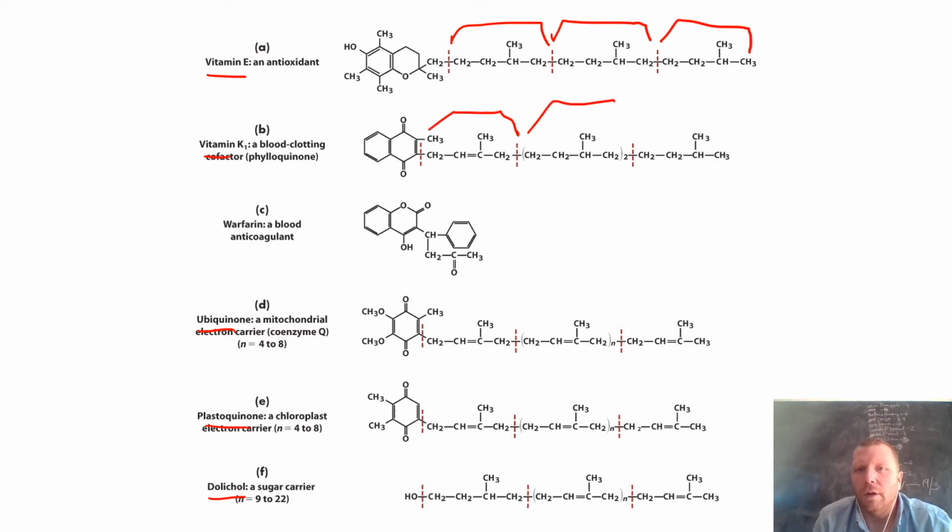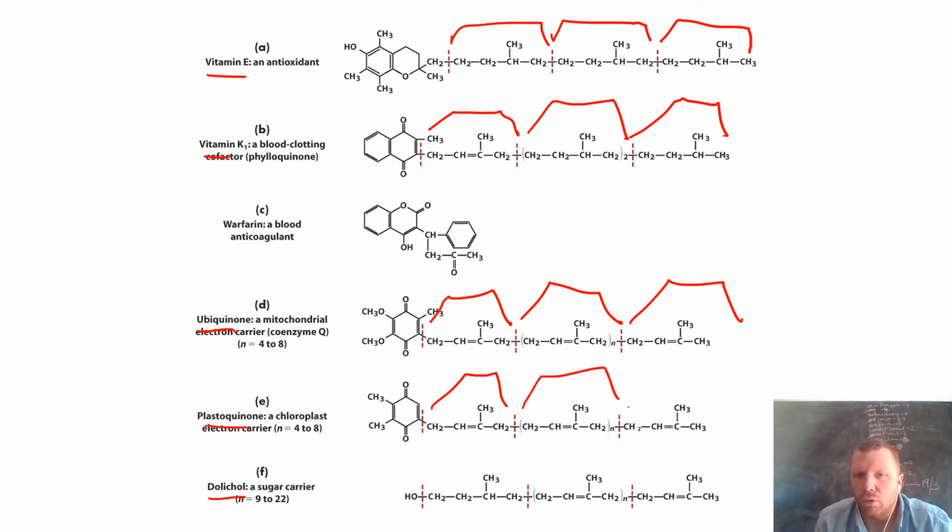So, I'm just going to go ahead and mark those off. What these are involved in are diverse functions. Vitamin K1 is involved in blood clotting. Ubiquinone and plastoquinone are involved in the electron transport chain. One in the mitochondrial electron transport chain, and the other in the chloroplast electron transport chain.